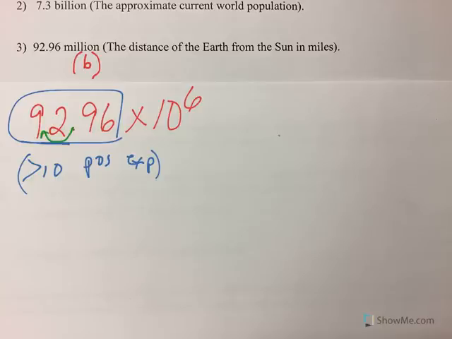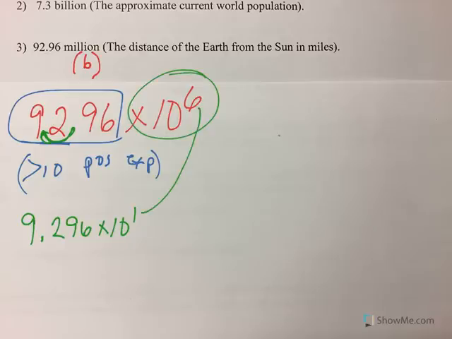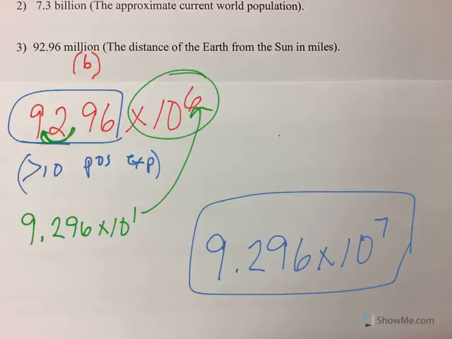I'm going to move it one place over. This is the same as 9.296 times 10 to the 1st because I moved it one place. But remember, I already have times 10 to the 6th. 1 plus 6 is 7. So my final answer is 9.296 times 10 to the 7th, because they're both positive, so they go together.